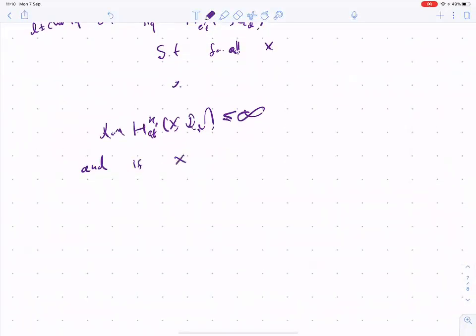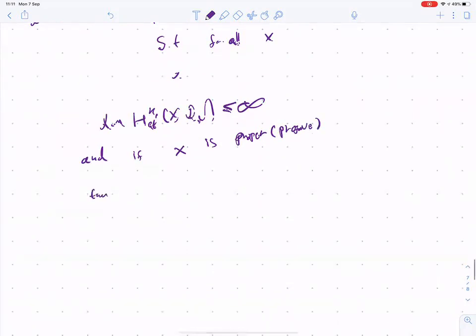if x is proper, so the notion of compactness for algebraic varieties, so for example, projective, will satisfy this. Then |X(F_q^d)| is exactly equal to, no, this is not a definition.